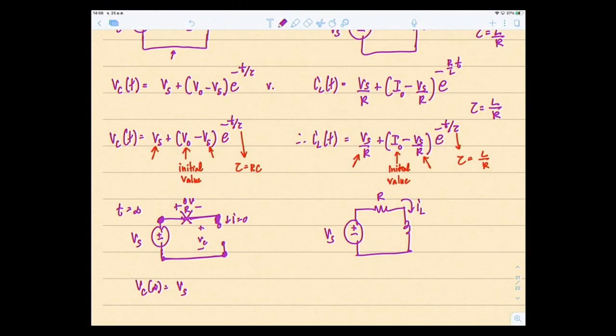If IL is constant, with no change in current going through the inductor, an inductor would behave like, I hope you can answer it in your head at home, a short circuit. So therefore your IL at infinity would be equal to simply Vs over R.